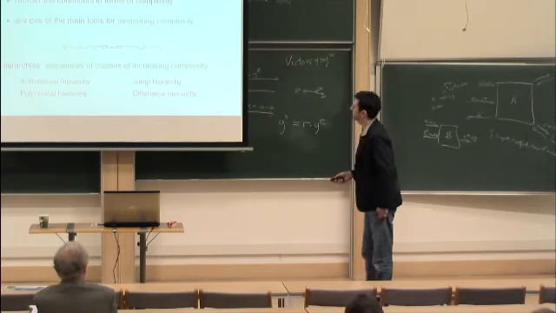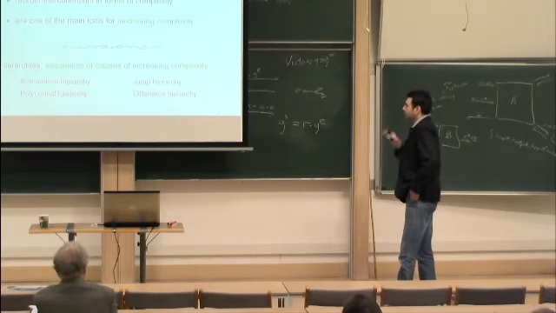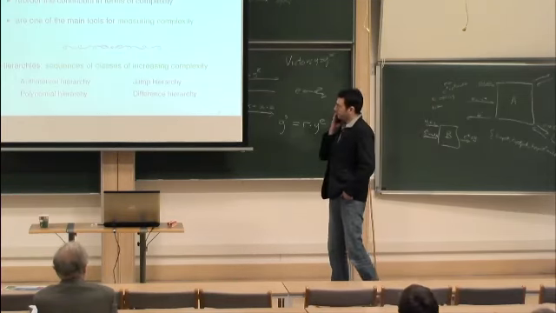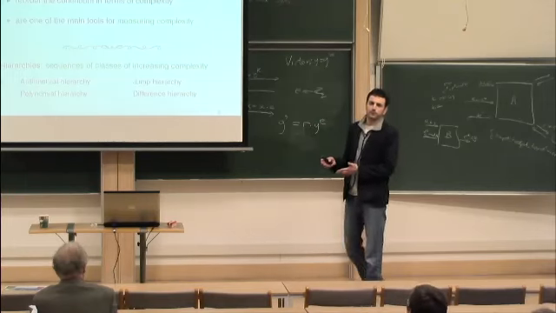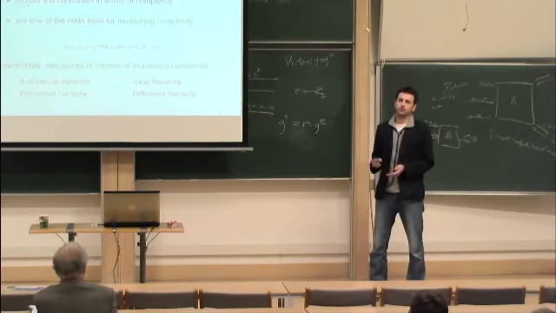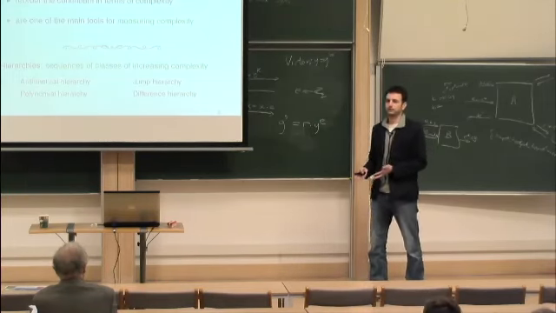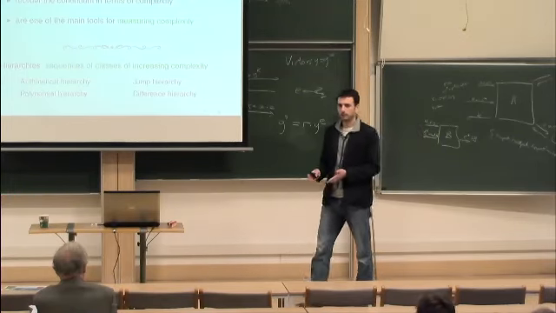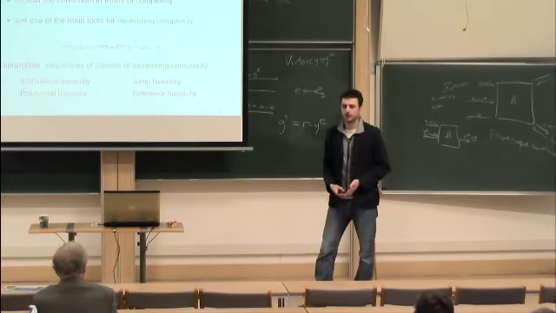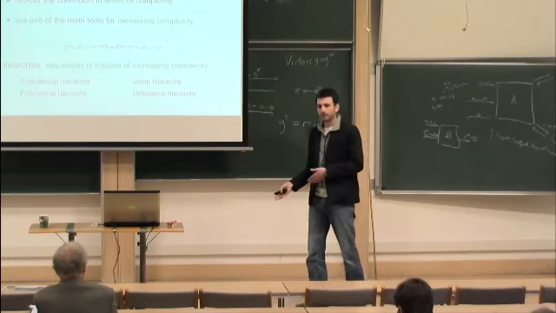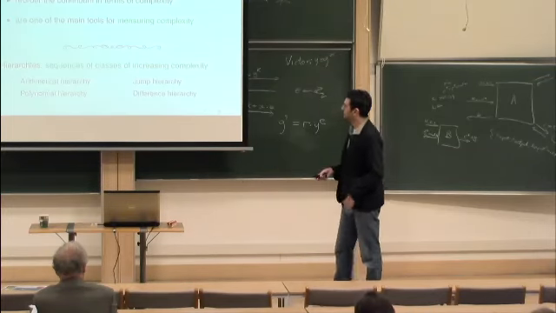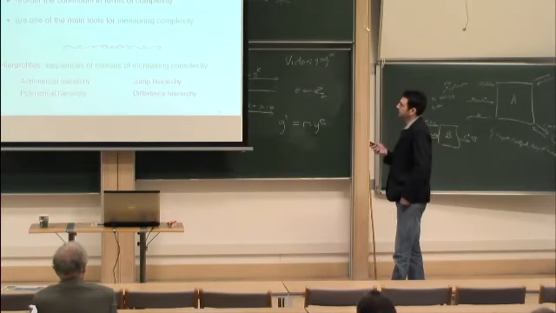Okay. That's one of the main tools we have in the theory of computation for measuring complexity. In practice, reducibilities are used in order to prove intractability of problems. So if we know that a problem is intractable and we can reduce it to another problem, then the second problem must be intractable, right? But in general, it's a way for measuring complexity.